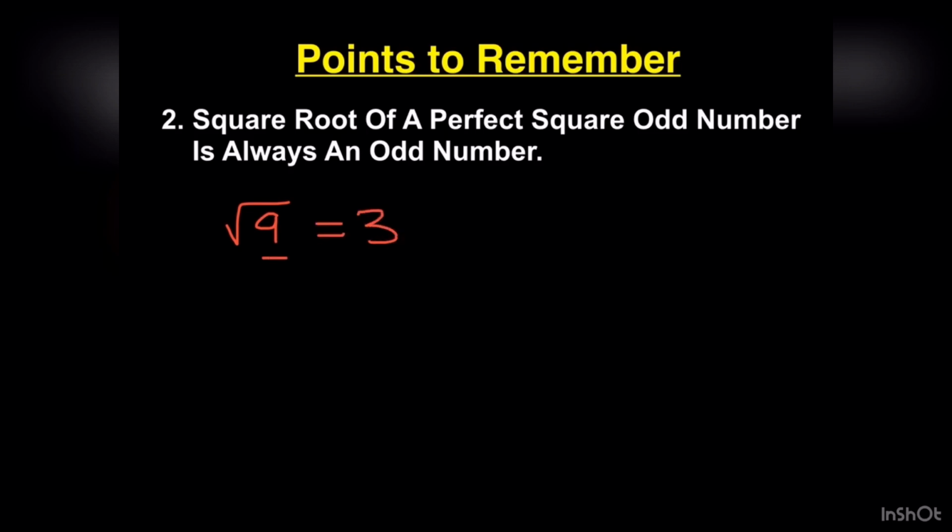Here 9 is a perfect square odd number and square root of 9, which is 3, is also an odd number. Let's see one more example. Square root of 81 is 9. Here 81 is a perfect square odd number and square root of 81, which is 9, is also an odd number.